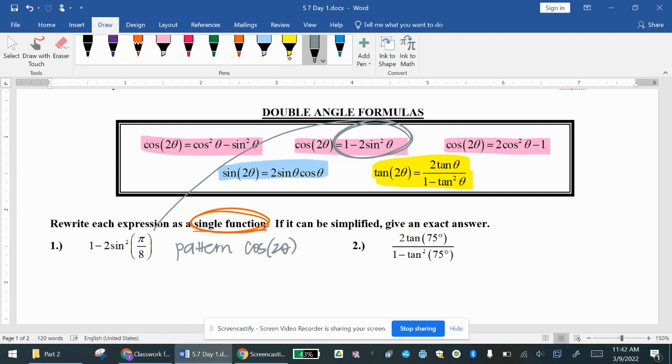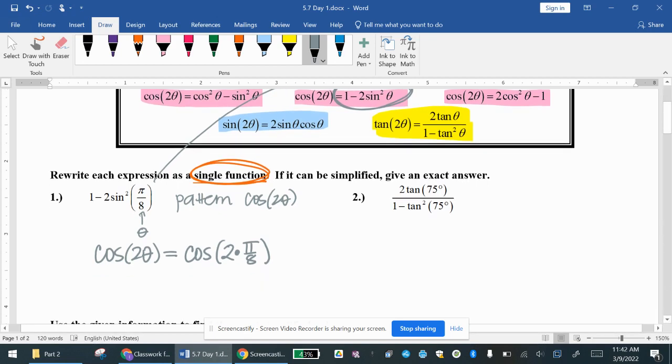The angle of interest is theta, so I can rewrite this as cosine of 2 times pi over 8. What is 2 times pi over 8? The 2 would reduce with the 8, giving you pi over 4. So essentially, they're asking me to find cosine of pi over 4.